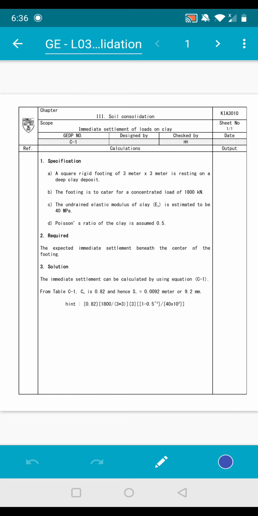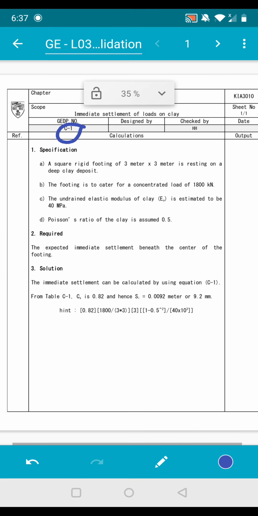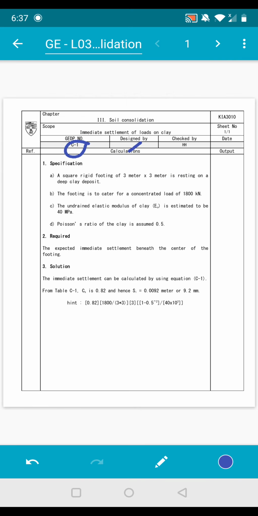So this is the first geotechnical engineering design pad given by C1. Okay, you need to write your particular details here. You have one spot here and also one spot here, the date that you did this design pad.